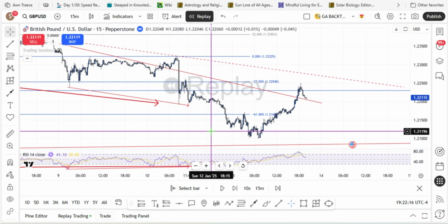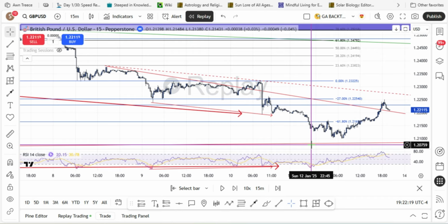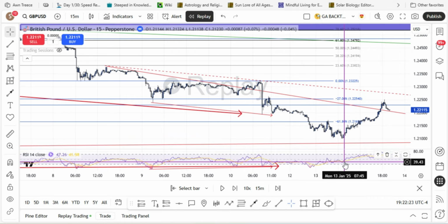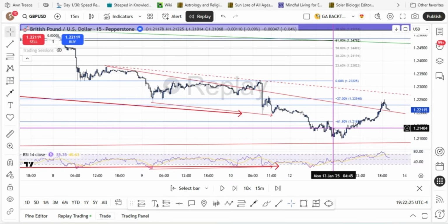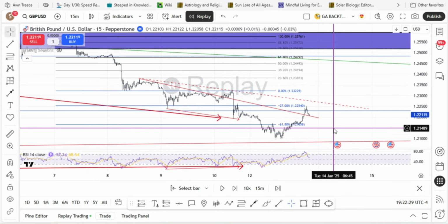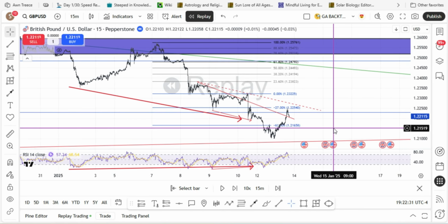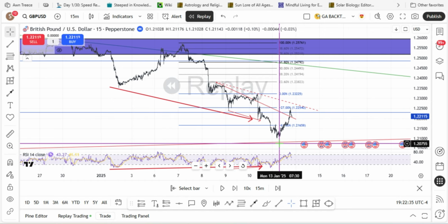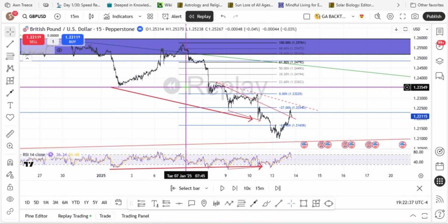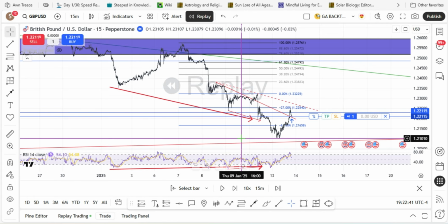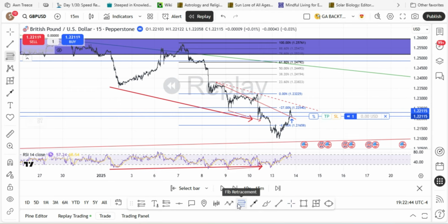The confluence would be there's minor divergence there, and there's a break and retest of the divergence trend line. And then there's also a completion of the fib and a bounce off of the trend line there. So I'll say it'll be a buy.